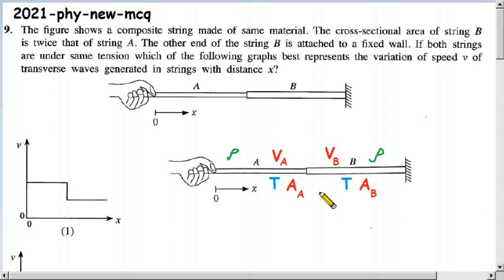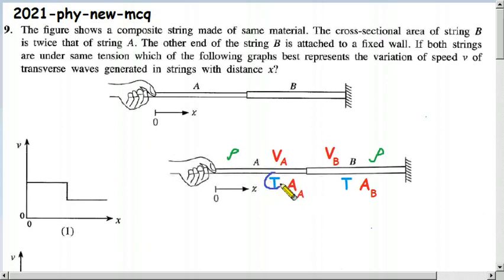So children, let us use some symbols. Let us suppose that the speed of string A is VA, and the velocity of string B is VB. The cross-sectional area of string B is AB, and the area of A is big A and small a, like this.